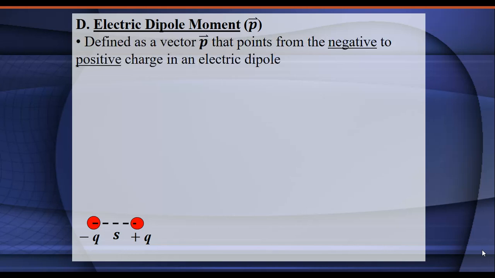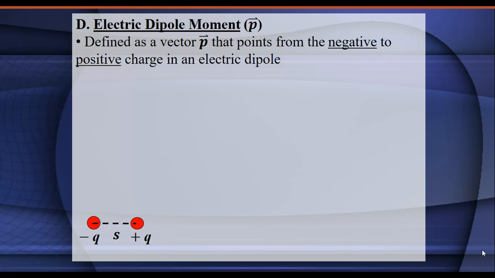Now, in terms of what an electric dipole moment is, it's a vector, p, and we define it as a vector that points from the negative to the positive charge in an electric dipole. Once again, I have a picture of my electric dipole at the bottom of the slide. I have my two opposite charges separated by distance s.